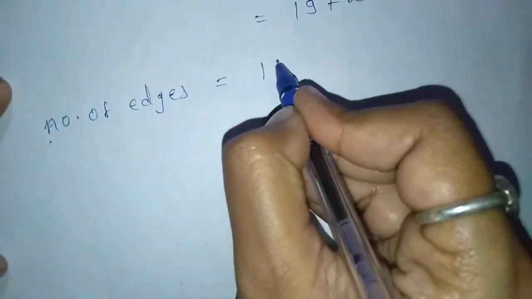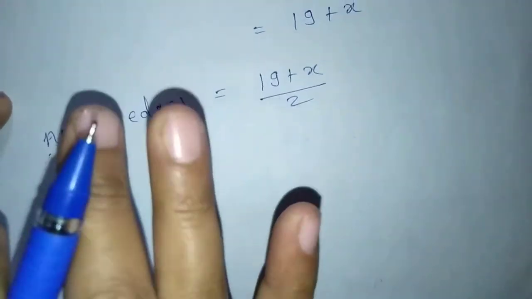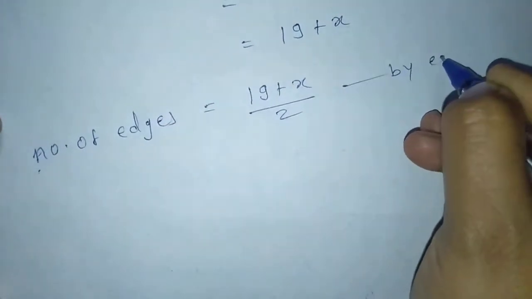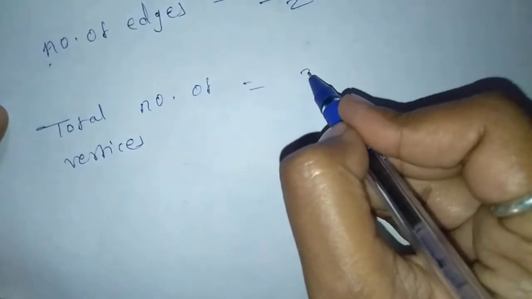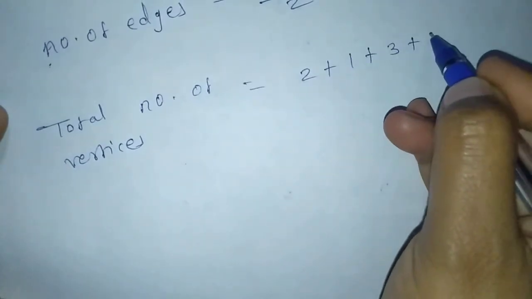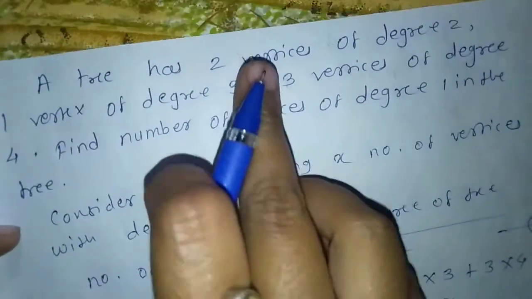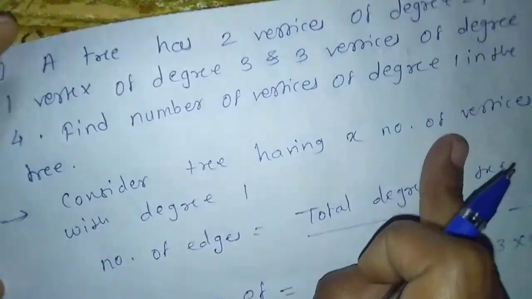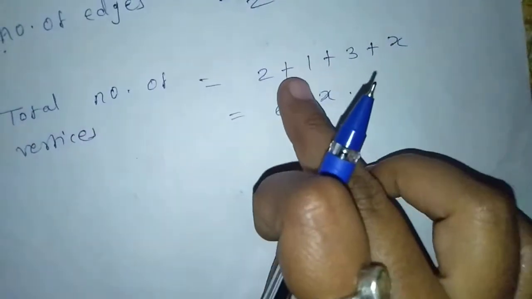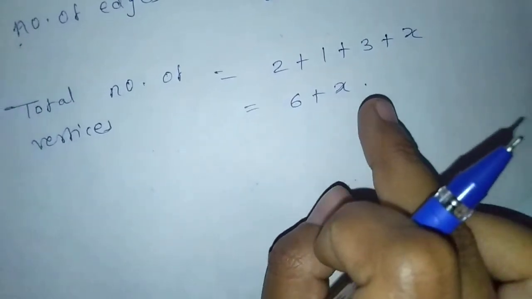So number of edges is equal to 19 plus x upon 2 by using equation 1. So total number of vertices is equal to 2 plus 1 plus 3 plus x is equal to 6 plus x, because 2 vertices, 1 vertex, 3 vertices and x vertices.